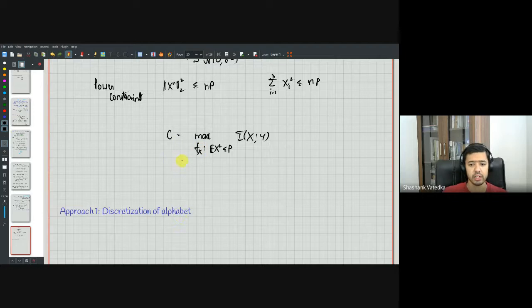In this case, for the AWGN channel, this is the maximum over all f_X such that the expectation of X squared is less than or equal to P of h(Y) minus h(Y given X).